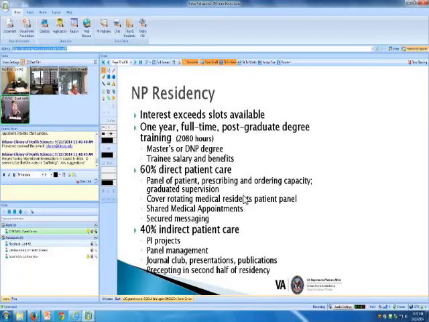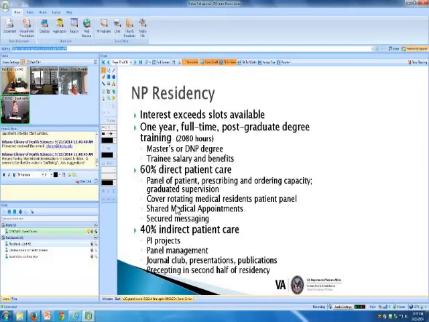They have prescribing and ordering capacity because they have been certified and have their appropriate state license. They are considered a trainee, so they have supervision, and they have graduated supervision over time. And they do lots of other things: shared medical appointments, certainly all the secured messaging, telehealth things that we do in the VA.